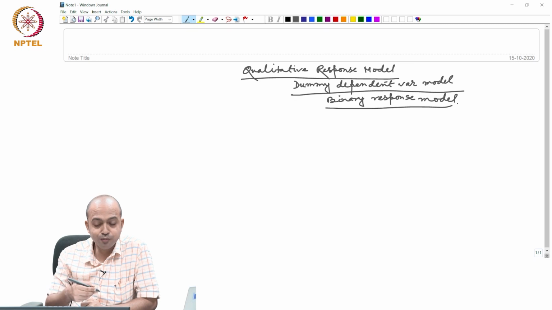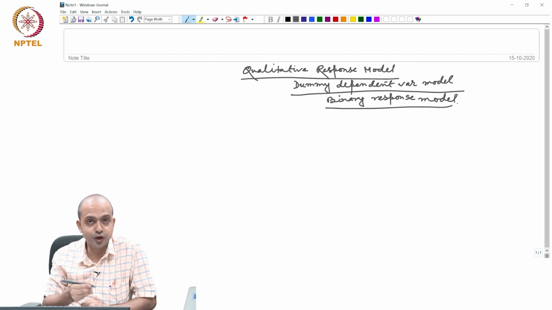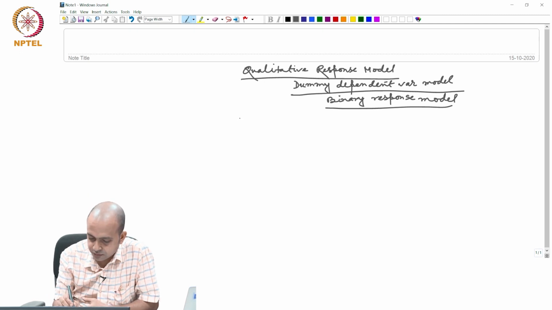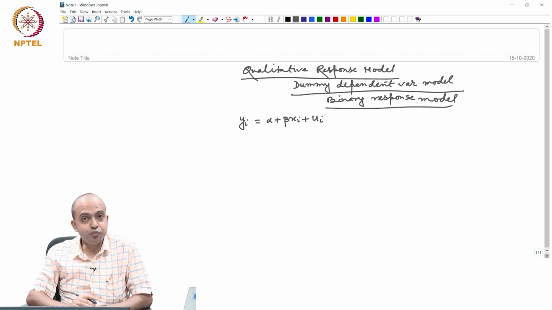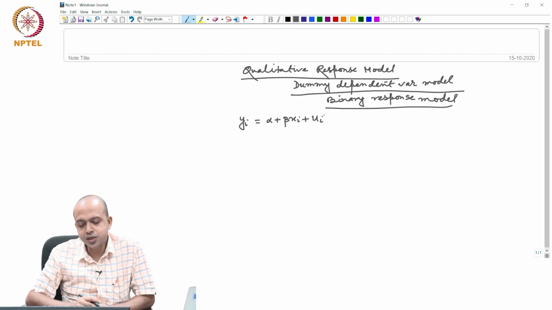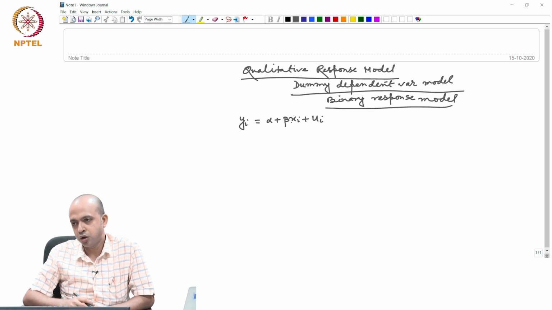Because the other name of the dependent variable is response, right? So, let us say that yi equals alpha plus beta xi plus ui. Now, in the context of dummy variables, we discussed that sometimes our independent variable, this xi, may become qualitative in nature, like gender, caste, PhD, non-PhD, and so on.